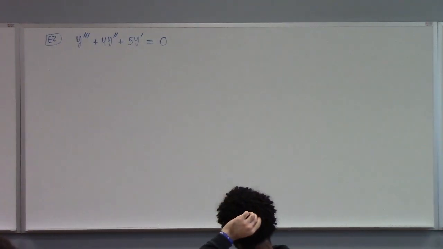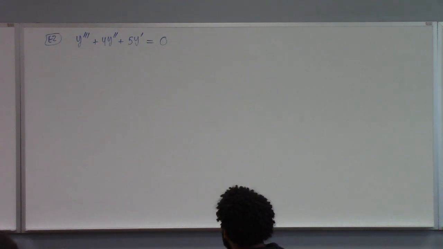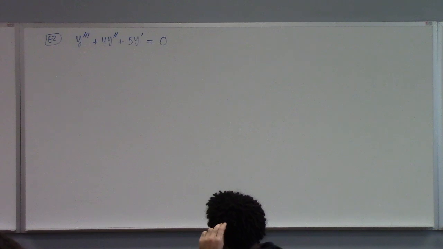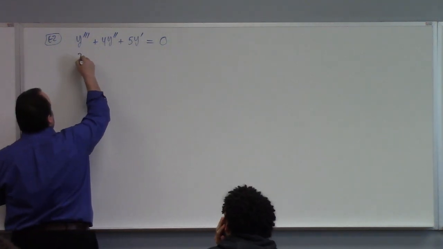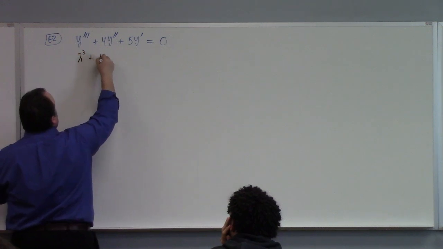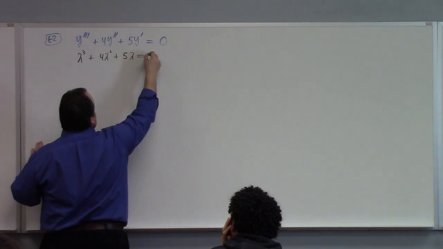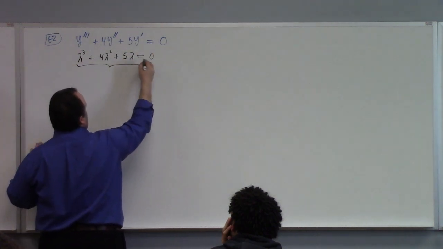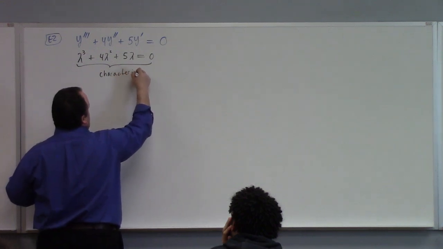What was that? I didn't quite hear you. Lambda cubed. Very good. Yeah. So let's see here. This is the characteristic equation. So I just need to clarify some language here. This is the characteristic equation. What's the characteristic polynomial?